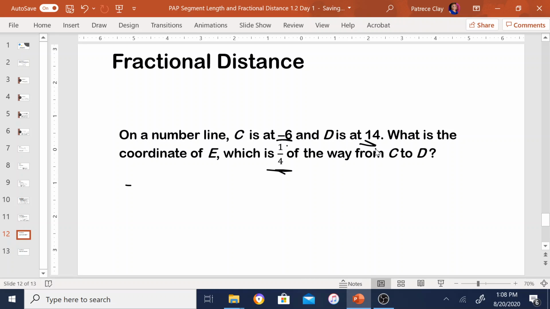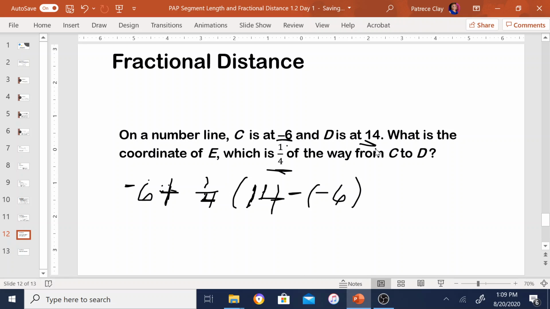So that is -6 plus our fraction, which is 1/4, times the rightmost point, which is 14, or our biggest number, which is another way to remember it, minus our left point, which is -6.